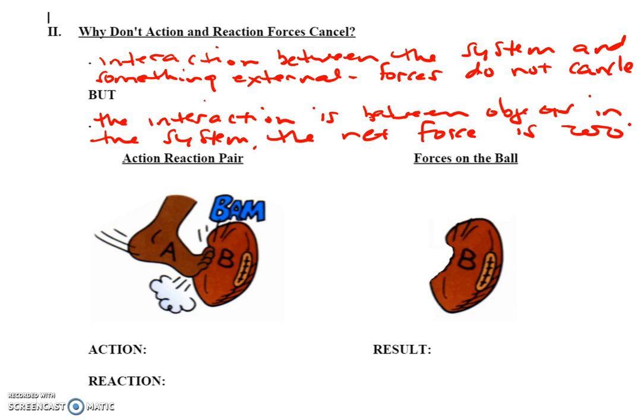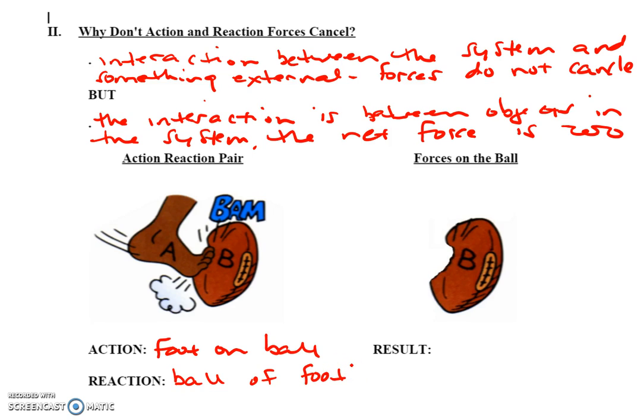If we look at the first one, we have a foot interacting with the ball. So our action is the foot on the ball. The reaction is going to be the ball on the foot.